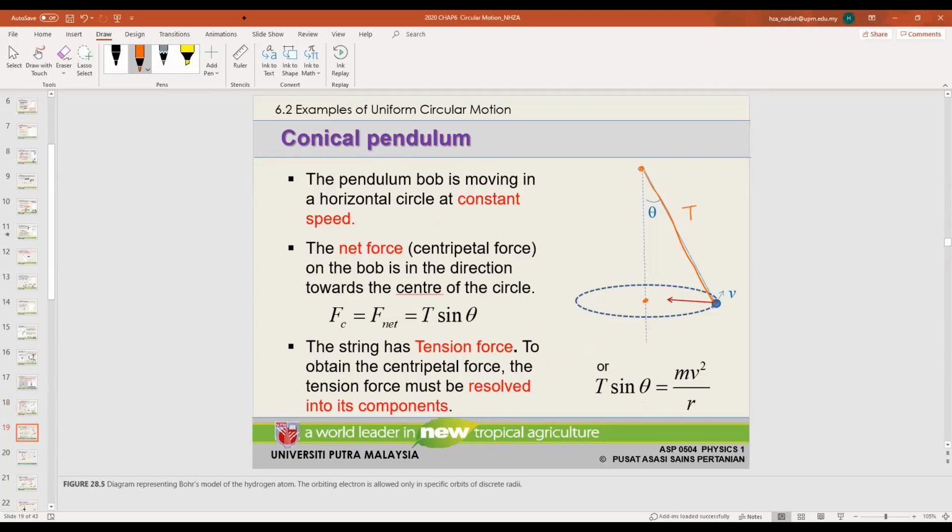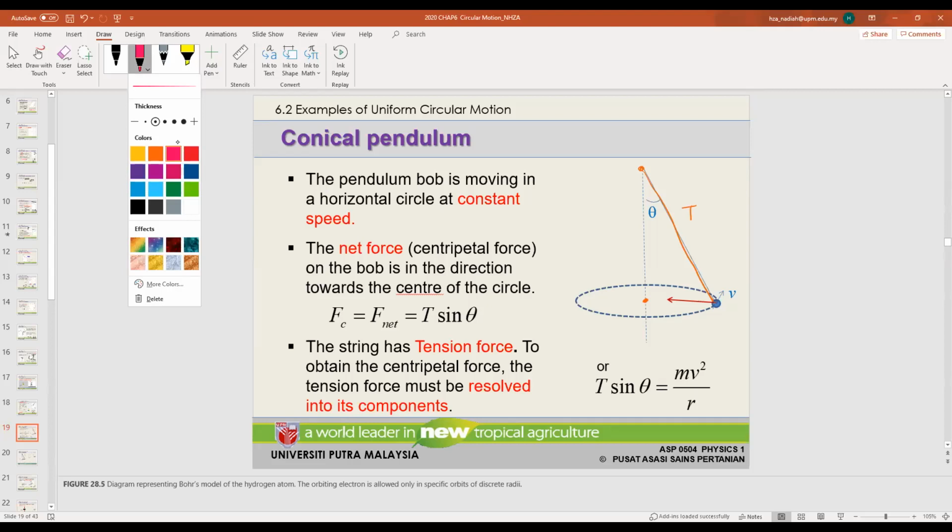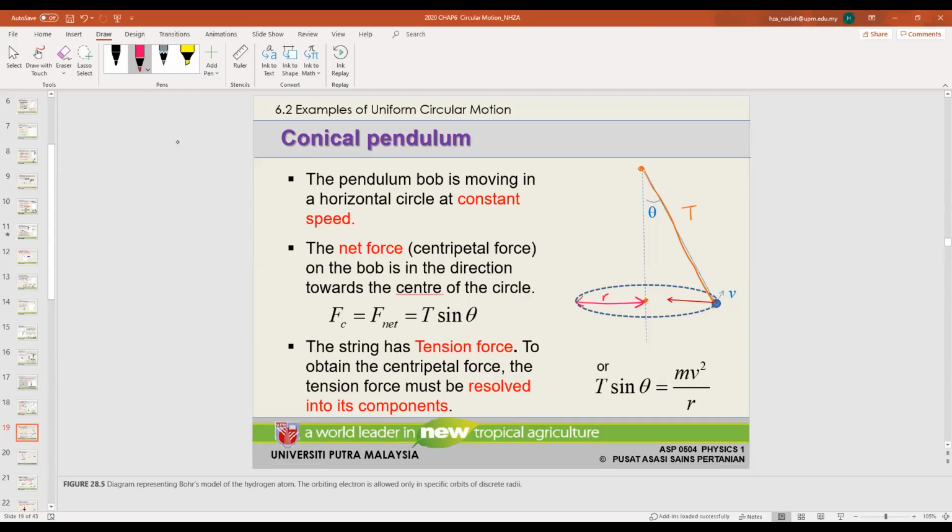Walaupun tak ada string kat situ, even though it's just air, there's a center there because that is where you would calculate your radius. Betul tak? This is the radius of your circular motion. If that is your radius, that is your center of circular motion. So this object's AC is pointing towards the center, which means that AC is in this direction.